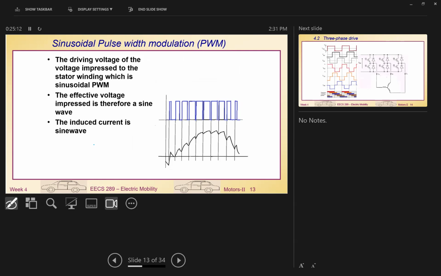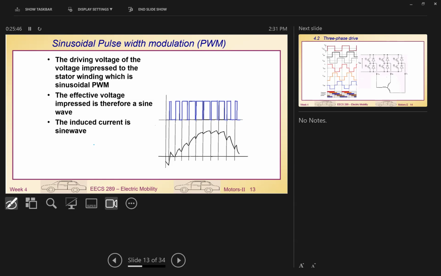So when I turn on the motor winding, the current will increase. When I turn off, the current will decrease, and then turn on, turn off, turn on, turn off. So in theory, by turning on and off, we can control how the waveform of the motor winding looks. That's why the motor winding current can still be controlled to be an AC sine wave by using the pulse width pattern. Once you observe this pattern, this is our sinusoidal PWM.